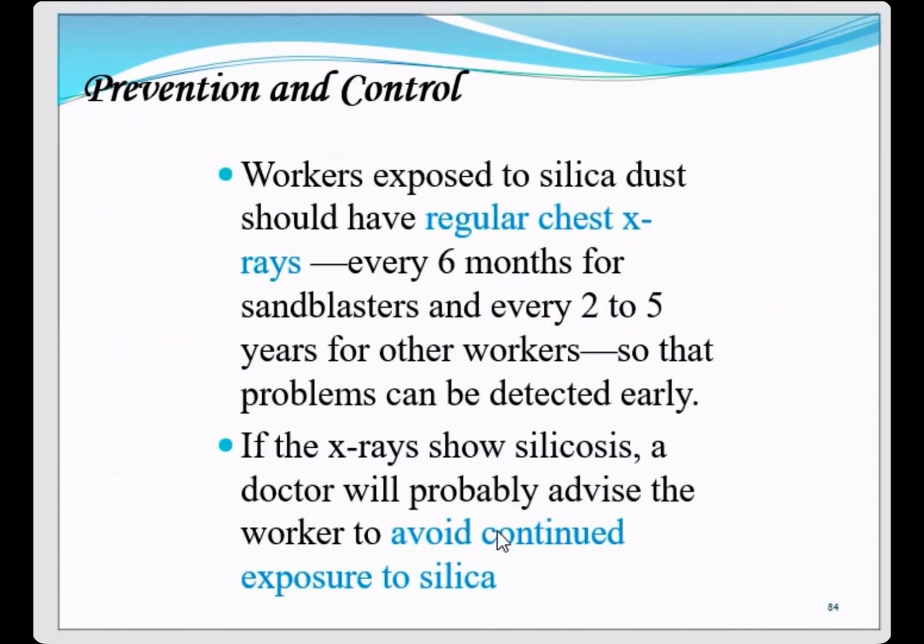Workers exposed to silica dust should have a regular chest X-ray every 6 months for sandblasters, and every 2 to 5 years for other workers. So they can detect early what is happening to their lungs if they are exposed to the particles. If the X-ray shows silicosis, the doctor will probably advise the worker to avoid continued exposure to silica.